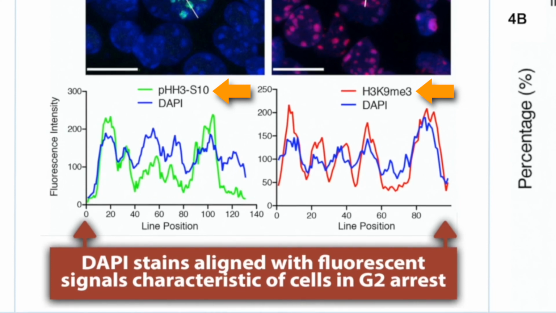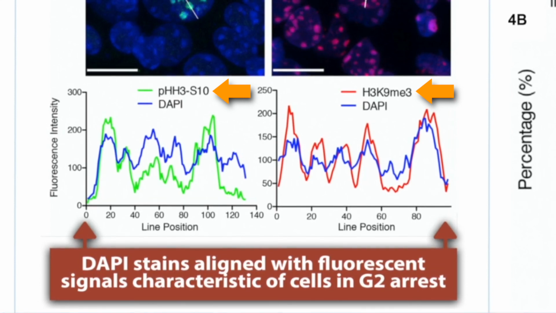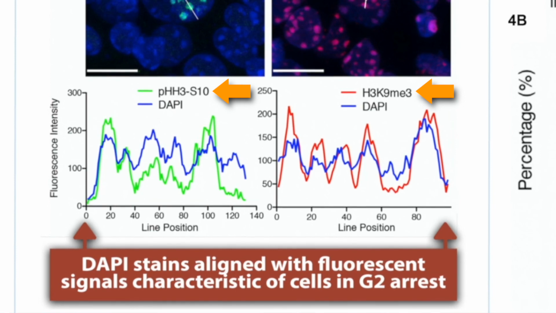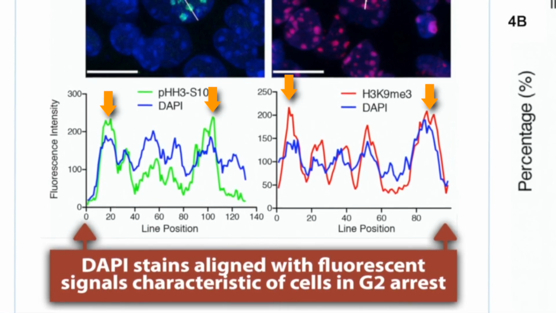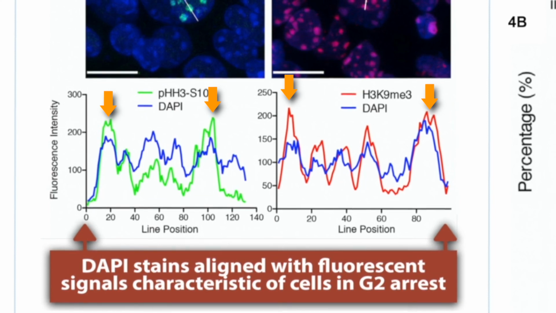PHH3S10 suggests that the cells are in the G2 phase, and H3K9Me3 is characteristic of heterochromatin, which is seen in mitotically inactive cells. The peaks of the DAPI stains roughly align with both signals, suggesting that the cells are in the G2 phase and are not mitotically active, meaning that they are in G2 arrest.